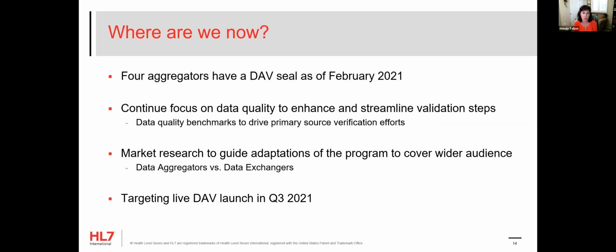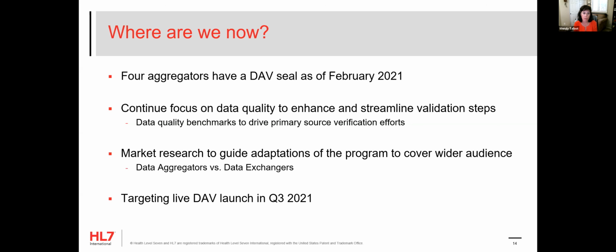We are continuing to do some market research to really see how we need to adapt and evolve the program. The program that we developed was very focused on true data aggregators, health information exchanges, entities structured like that, that truly broadly grab data from outpatient clinics, hospitals, et cetera, and aggregate that into these longitudinal CCDs or pictures of patient health.